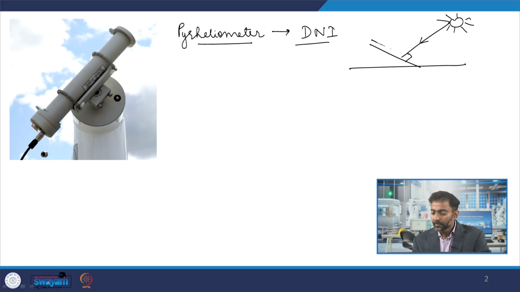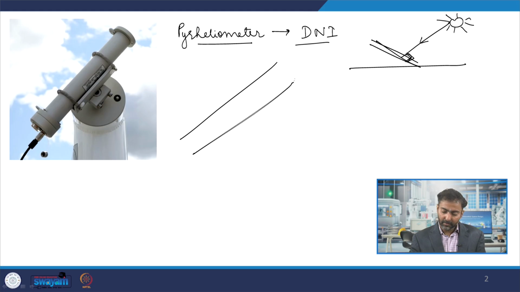So this particular thing is measured on a surface which is perpendicular to the direction of the radiation. Now the question arises that how does this particular thing work? How do we ensure that we are only capturing the direct normal irradiation? So in this tube like structure which you see here, I will draw a similar thing here.